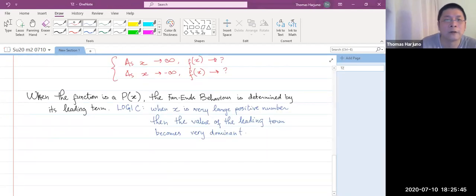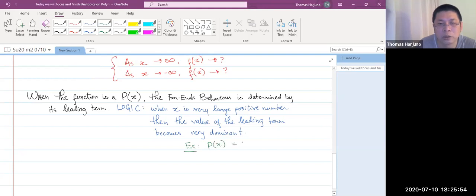A little example to explain that. Suppose I have p(x) = 3x squared - 100x - 700. Yes, the leading term has coefficient only 3.